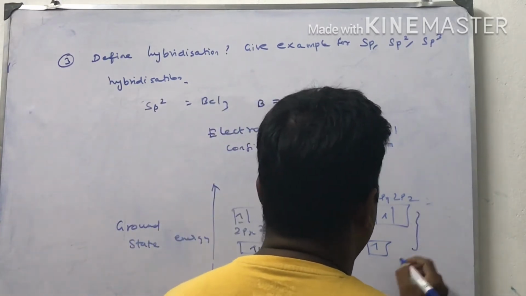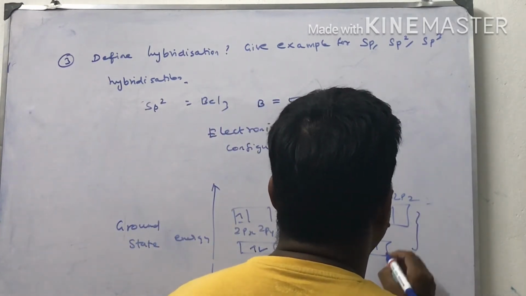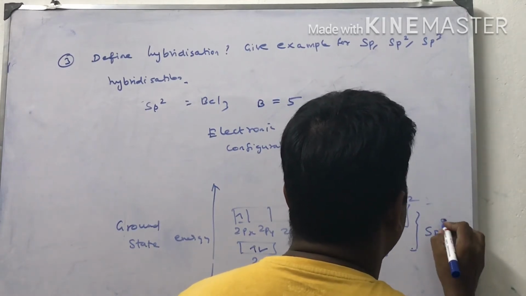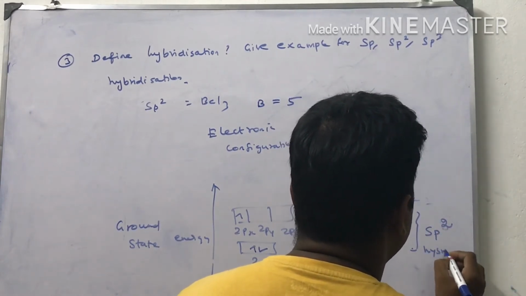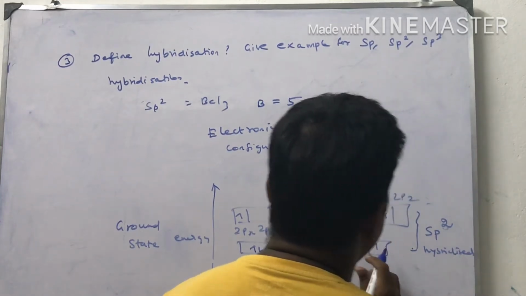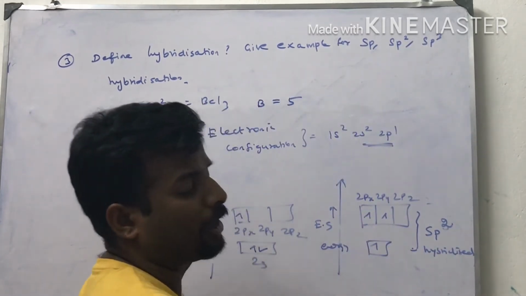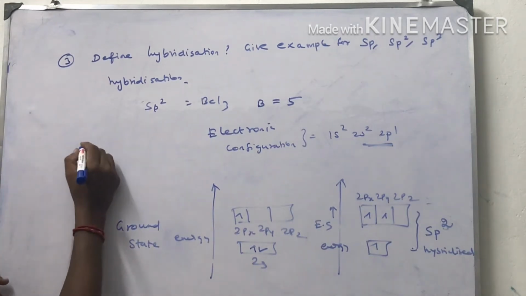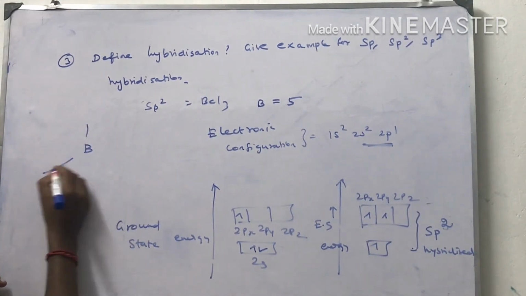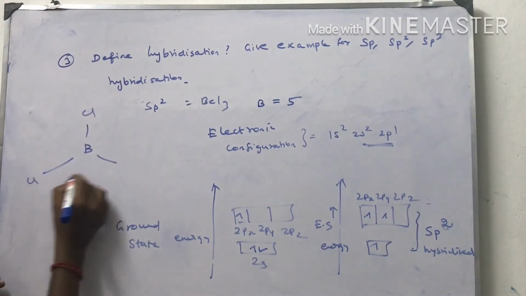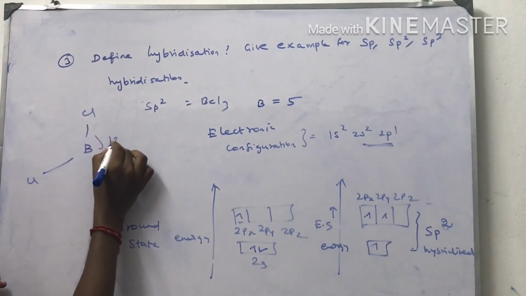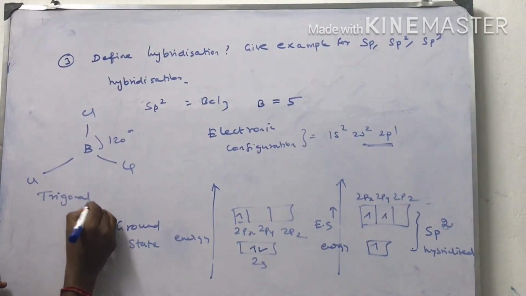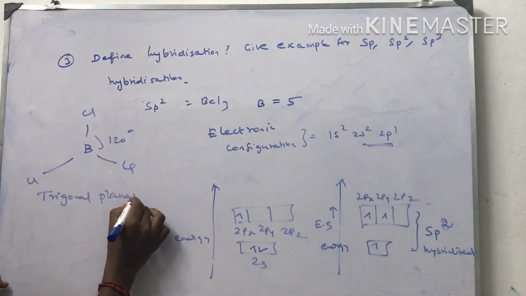So 1 s orbital and 2 p orbitals are intermixing, therefore it is sp2 hybridized. These 3 electrons have the character of sp2. Next, I have to draw the structure of boron trichloride, BCl3. Bond angle is 120 degrees, trigonal planar shape.